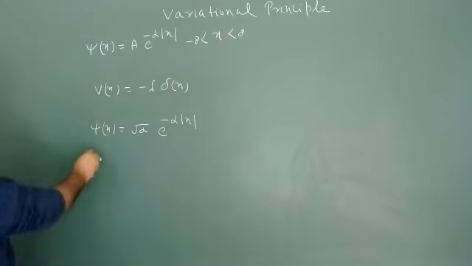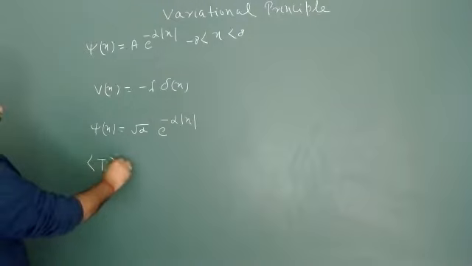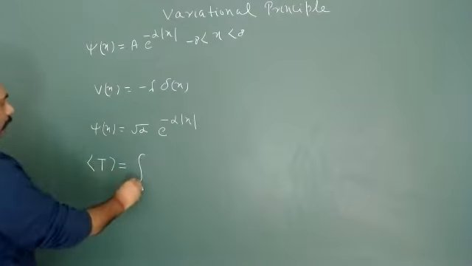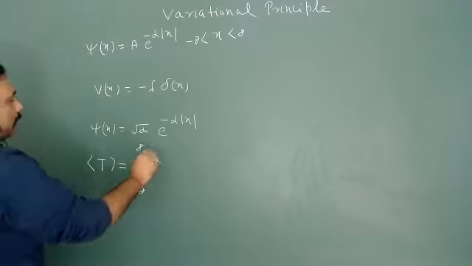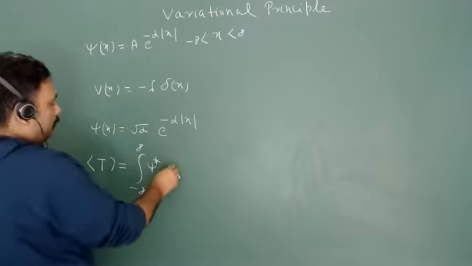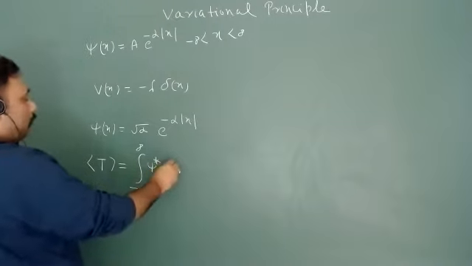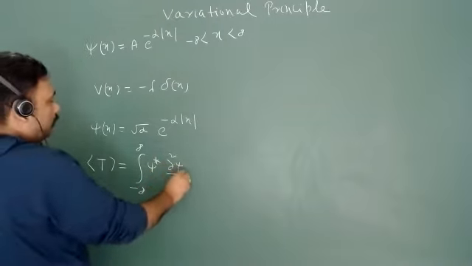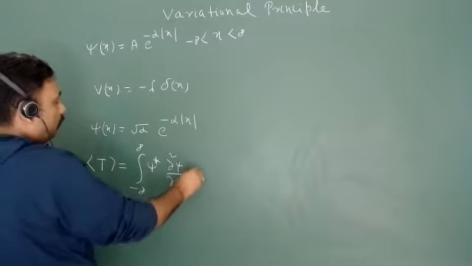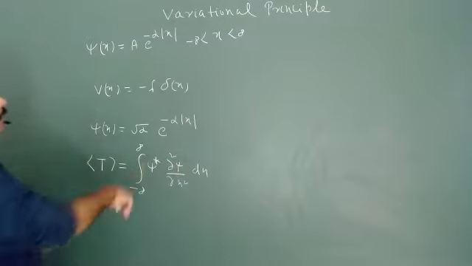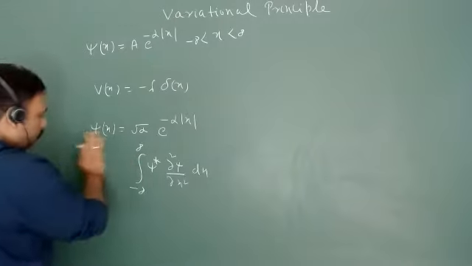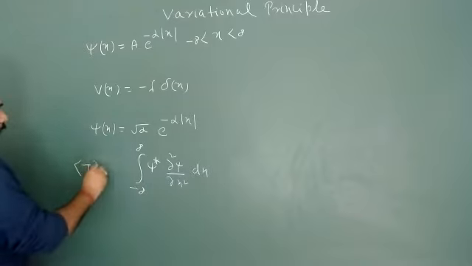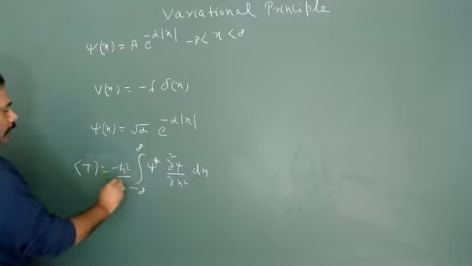And we have to calculate the kinetic energy. So what is the kinetic energy? The kinetic energy will be the integral from minus infinity to plus infinity of psi star, and you can go for del square psi upon del x square dx, but this will give you, I think, negative energy. You also have this particular term minus h cut square by 2m.